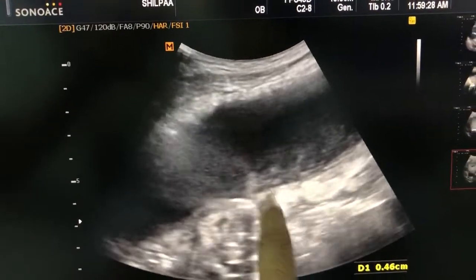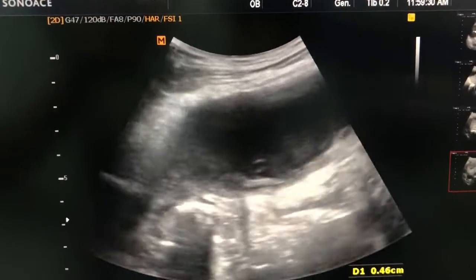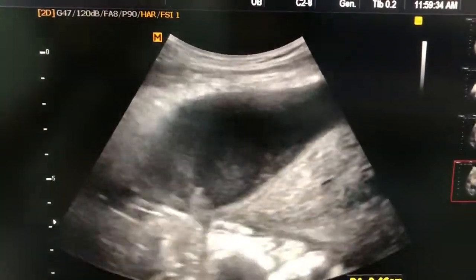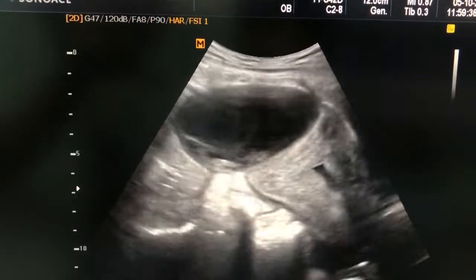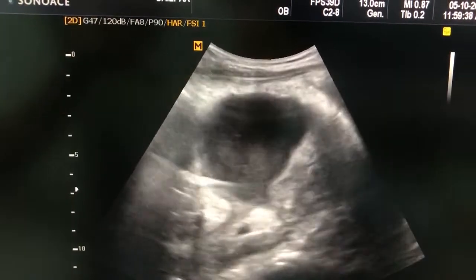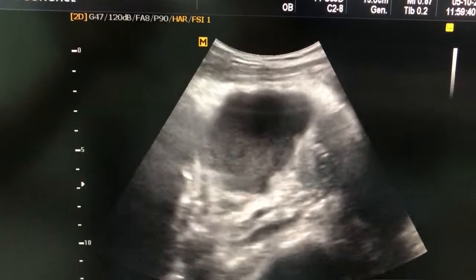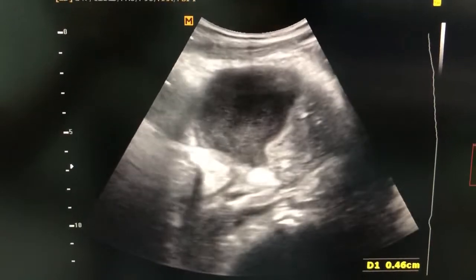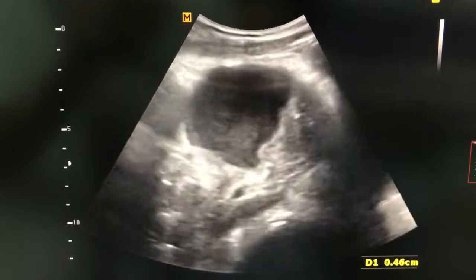You see here another thing in favor of this point is that the patient is having severe pain, and the patient is telling sometimes she feels like collapsing.